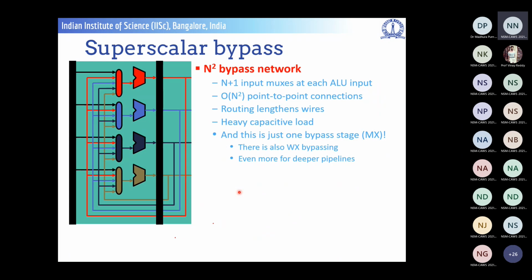In a superscalar processor with superscalar width n, there can be n options. And not only that, for each of these n instructions in a given stage, each can get its value from any other instruction in the previous cycle.